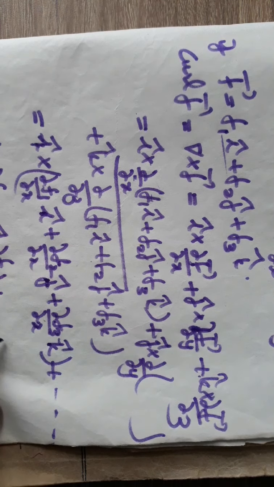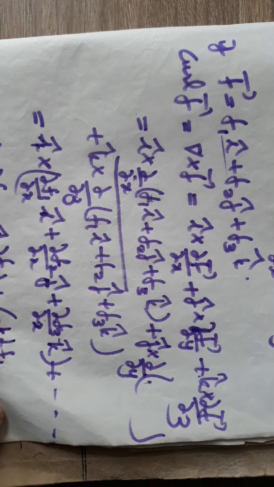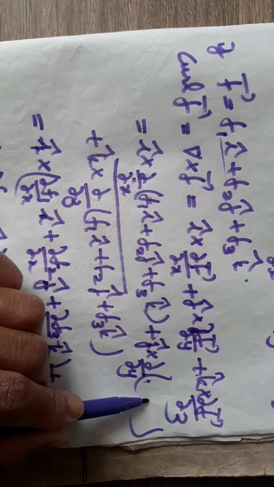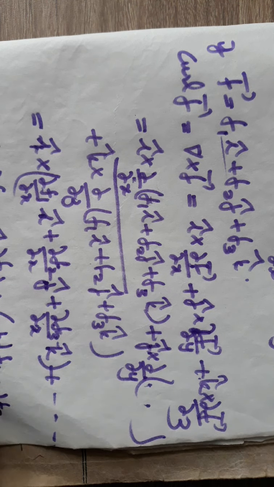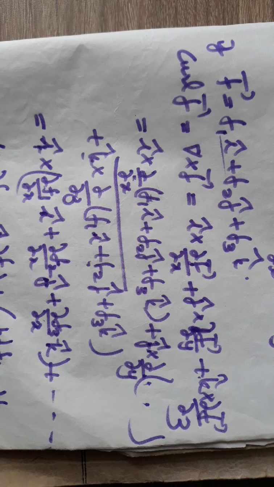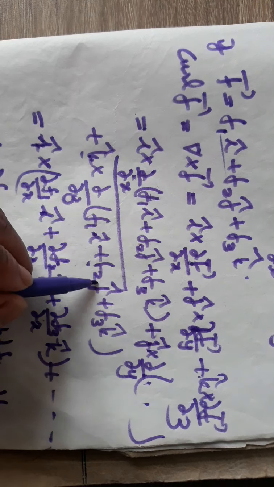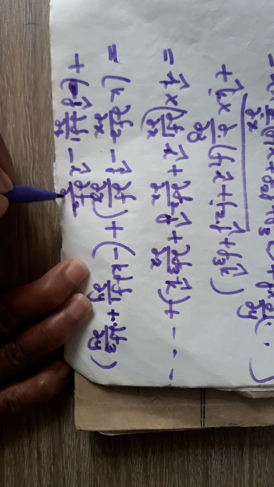Similarly with the rest you will get this result. j cross i gives you minus k, so you get minus k del f1/del y, and j cross j gives you 0, but j cross k gives you i, so plus i del f3/del y. Then with k, k cross i gives you j, so j del f1/del z, and k cross j gives you minus i, so minus i del f2/del z.